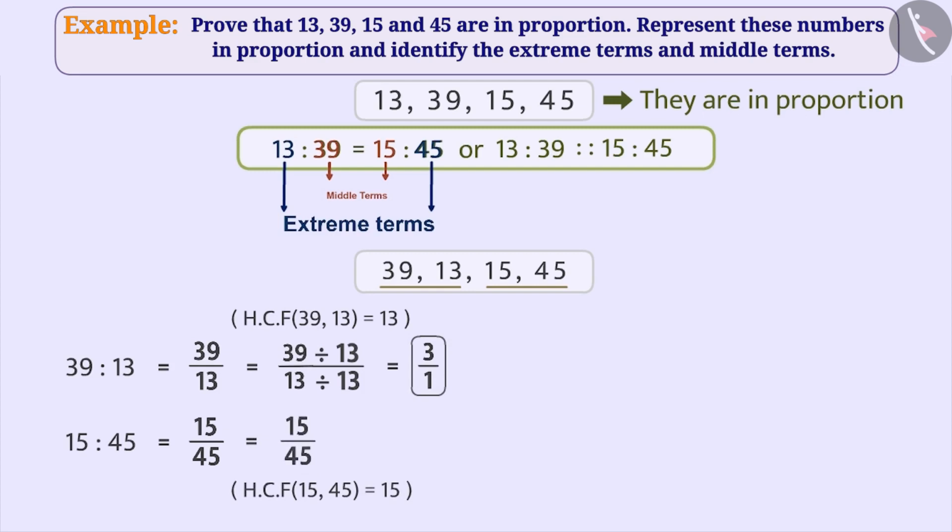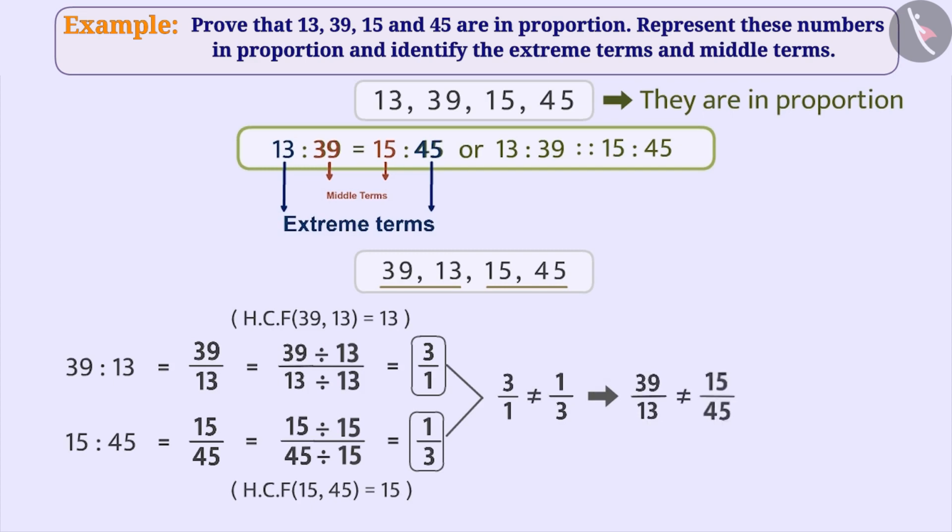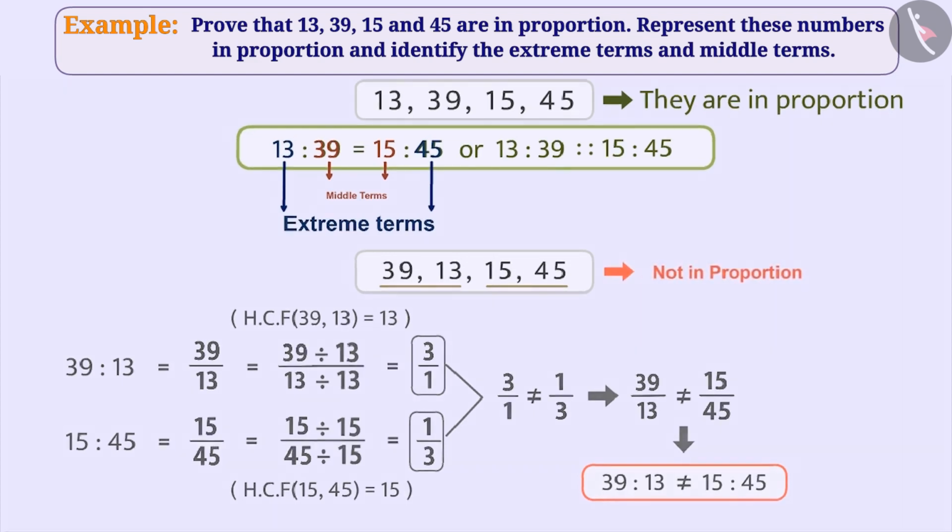If we divide the numerator and the denominator of 15 by 45 with the HCF 15, we will get the simplest form of the fraction, 1 by 3. Here, 3 by 1 is not equal to 1 by 3. Therefore, the two fractions are not equal. Now, we can say that 39 is to 13 is not equal to 15 is to 45. Thus, 39, 13, 15 and 45 are not in proportion.